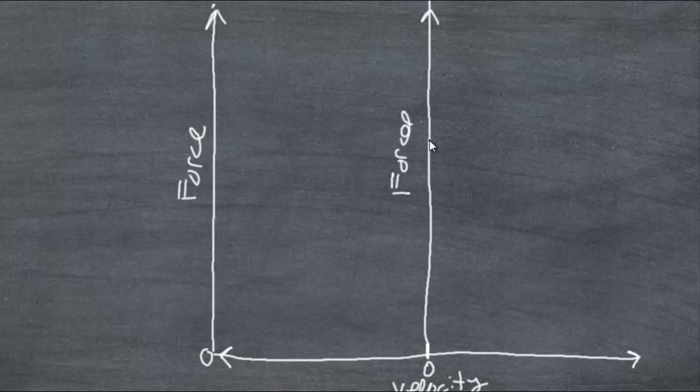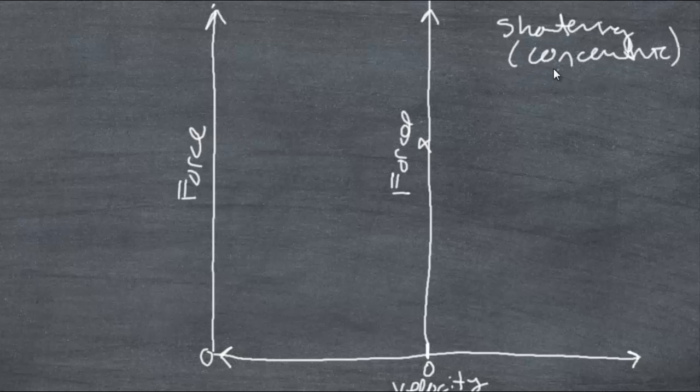So let's start right here. This is going to be an example of a shortening, or concentric, contraction. An example of a shortening contraction is when you're raising a dumbbell, when you're doing a curl, for example. Let's show you what happens to force as velocity changes.